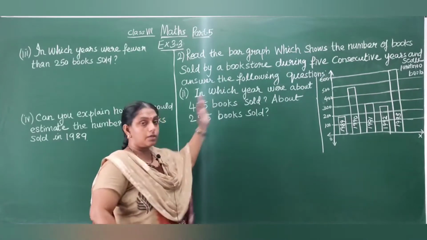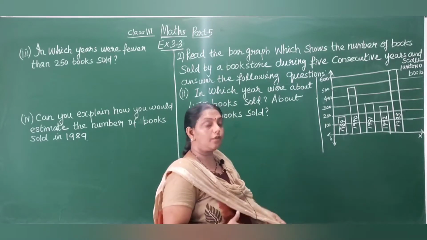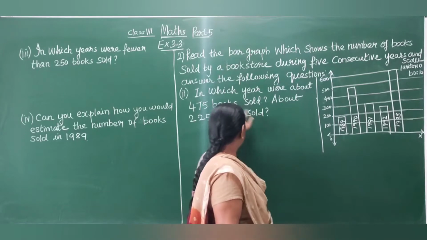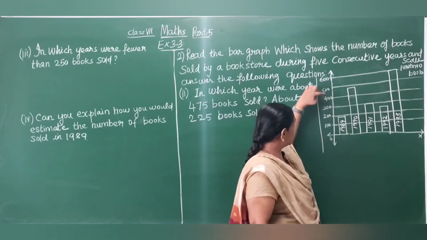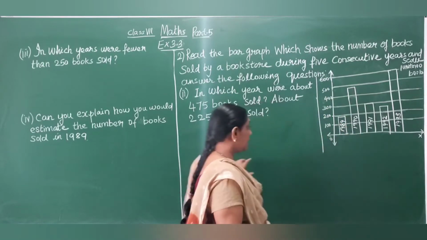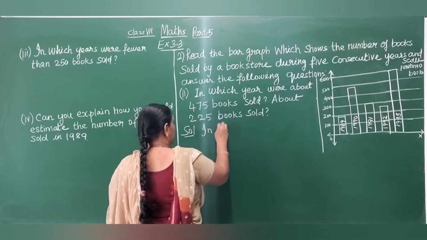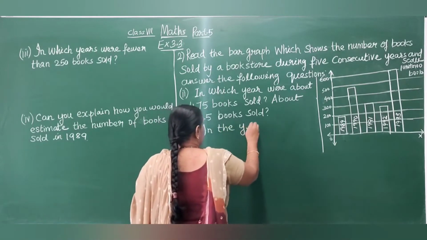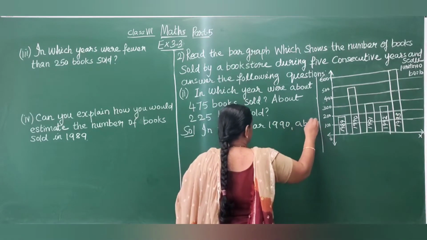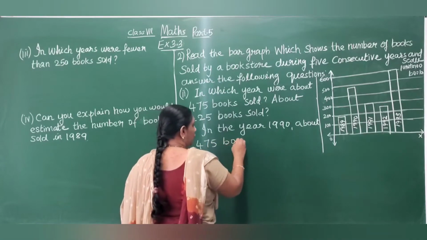So the second question: in which year were about 475 books sold? 475 books lies between 400 and 500. So in the year 1990, about 475 books were sold.